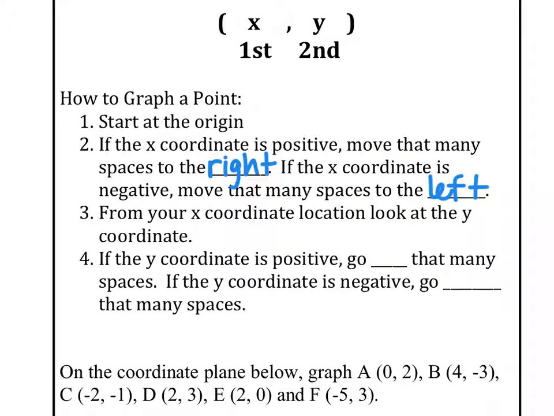From the x-coordinate location, look at the y-coordinate. So we look at that second number. If the y-coordinate is positive, we go up that many spaces. If the y-coordinate is negative, we go down that many spaces.